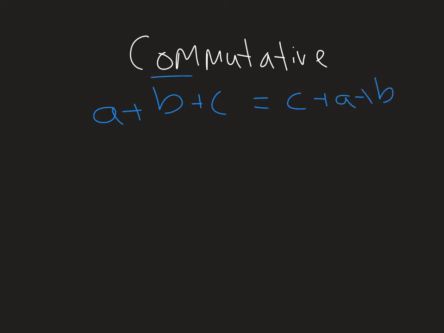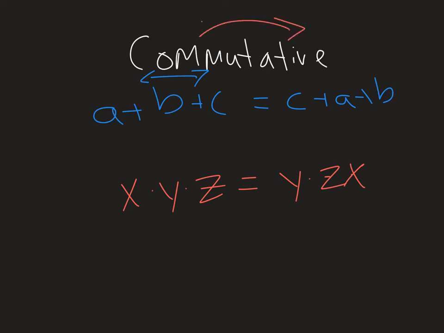I can change the order however I want. And likewise for multiplication, if I have x times y times z, well, I can rewrite that as y times z times x. Since it's all multiplication, I can rewrite it in any order I want. So commutative works with the idea of moving things around, or to commute, as a way to remember it.